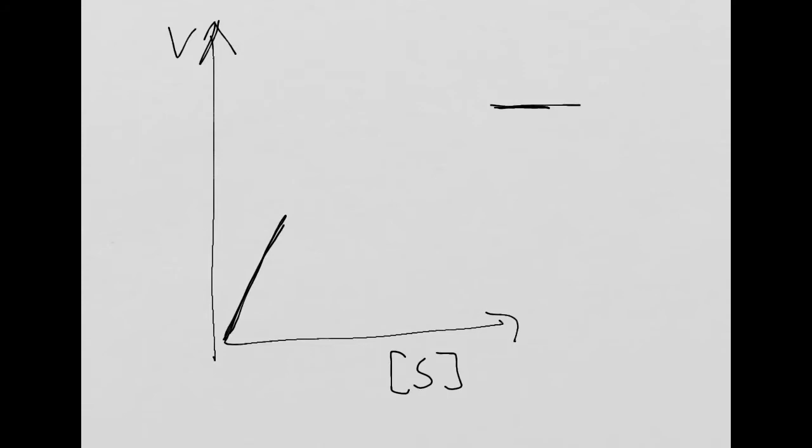So this range here, that's first order. This range here is zero order. What's in between? Yeah, it goes like that. In between is anything. Anything between first and zero order.